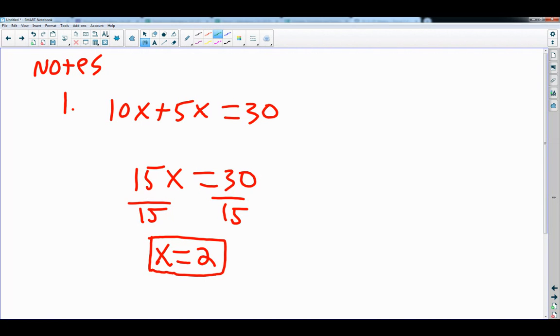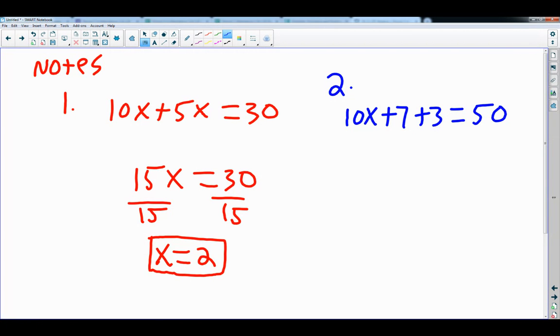I'll do number 2 in blue. Number 2, we've got 10x plus 7 plus 3 equals 50. Okay, and on the left, I can combine some like terms here.